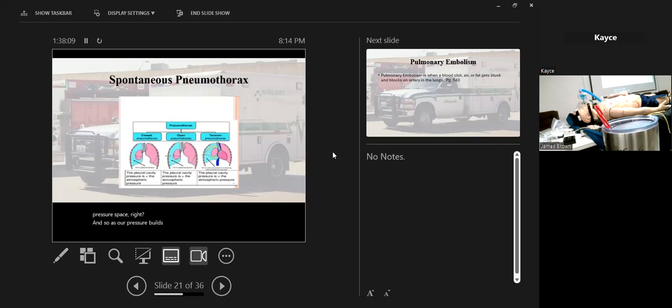So this actually shows several types. You got your spontaneous pneumo, where you have a bleb that starts leaking air into the chest cavity, and a small pneumo might not cause any issue. They're going to have difficulty breathing because that lung is collapsed now.